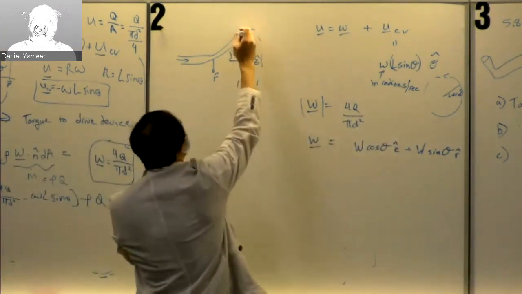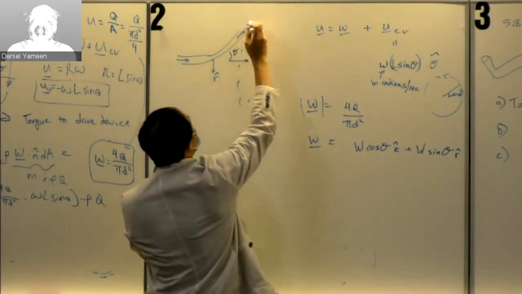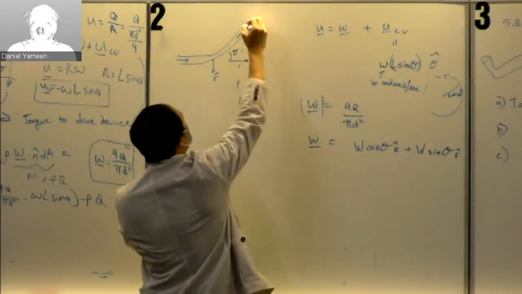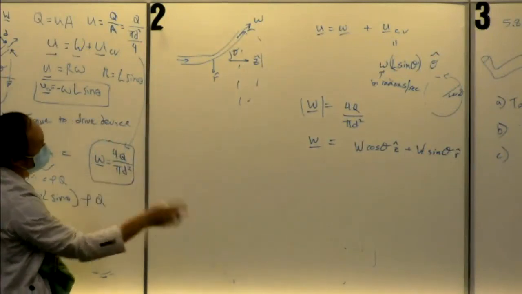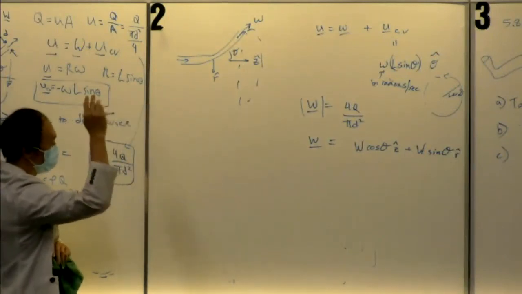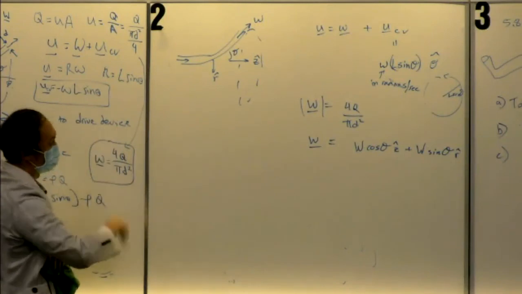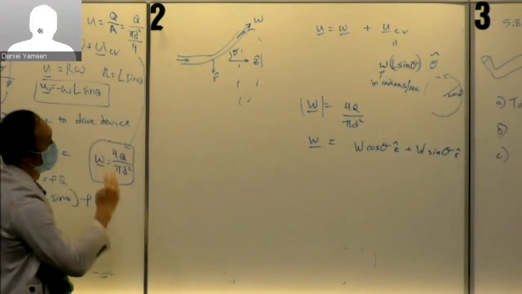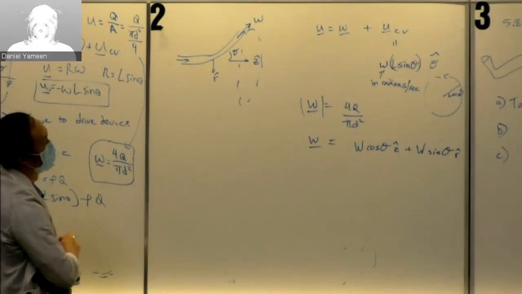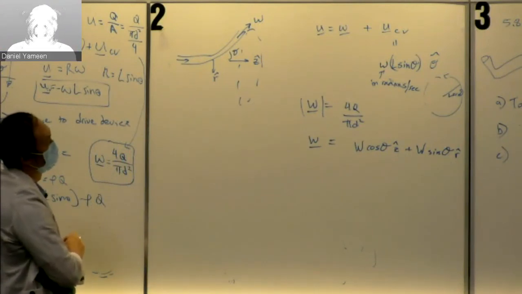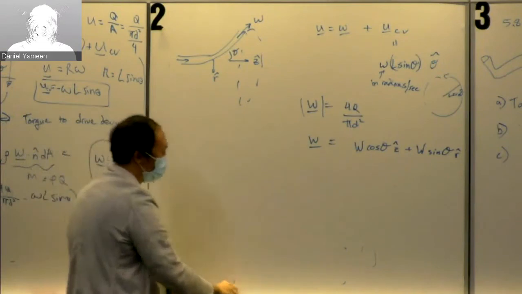Yeah, it would be like this. So you have this is the relative velocity leaving, and you got some component going to the right and some component going in the radial direction. And UCV would be tangent to the curve, right? Yeah, UCV would be going into the page.